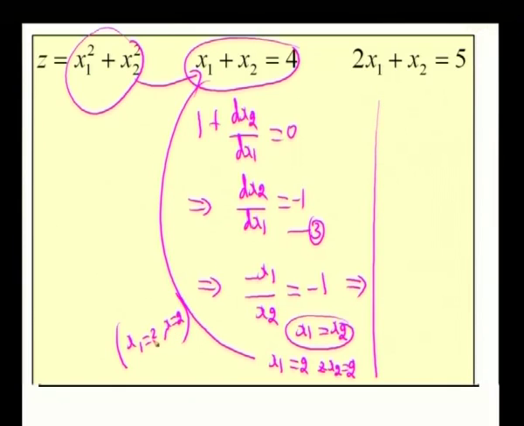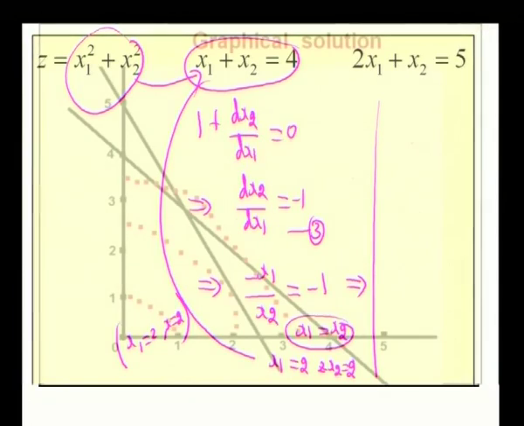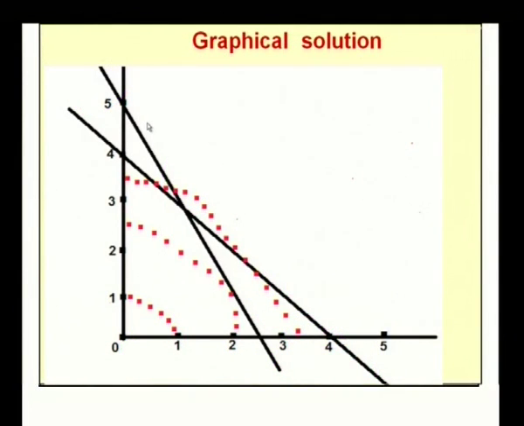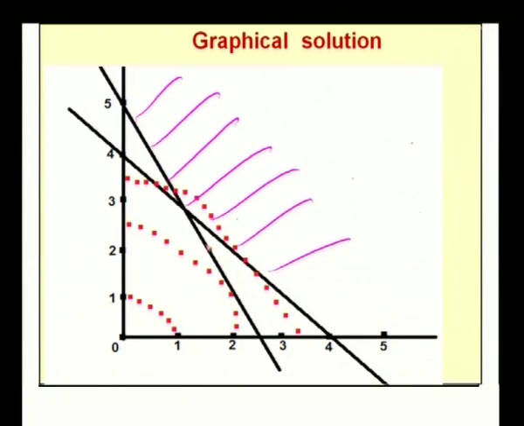Now, we should look into whether the point 2, 2 is in the feasible region. This is our feasible region, and in this feasible region, our point 2, 2 occurs.